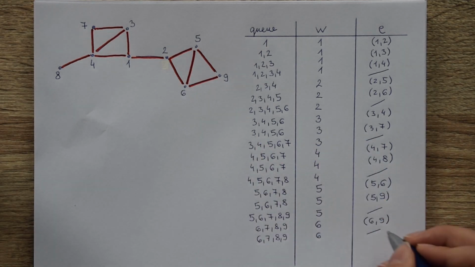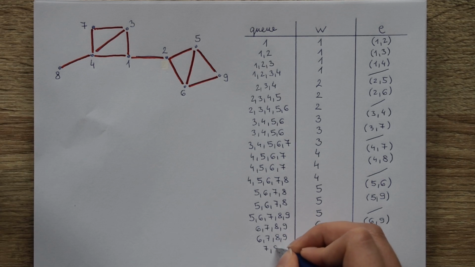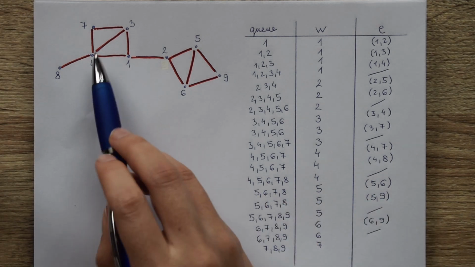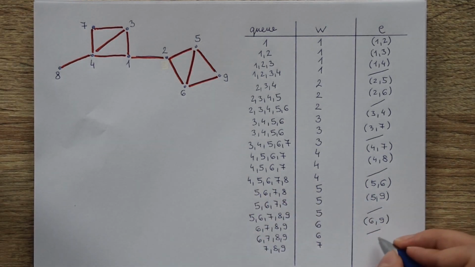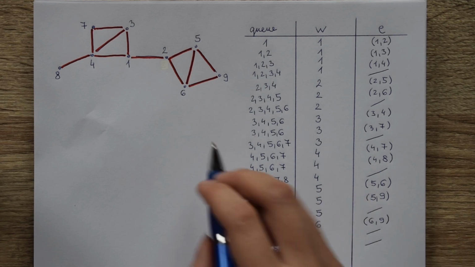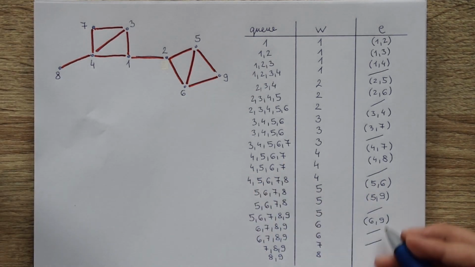So I remove node 6 from Q. All edges coming from node 7 are also marked. So I remove node 7 from Q. And it will be the same for the last two nodes.